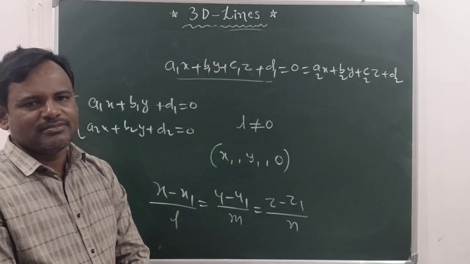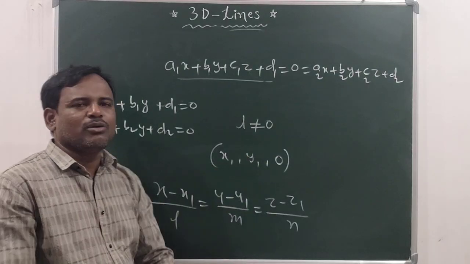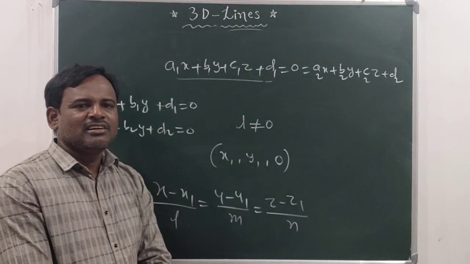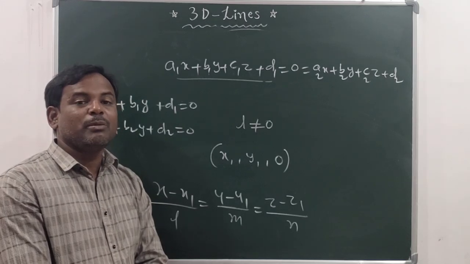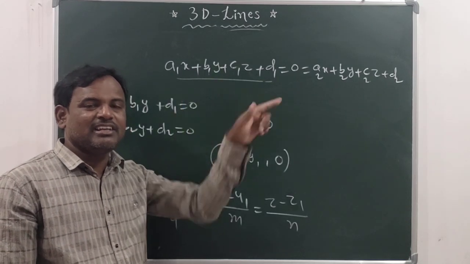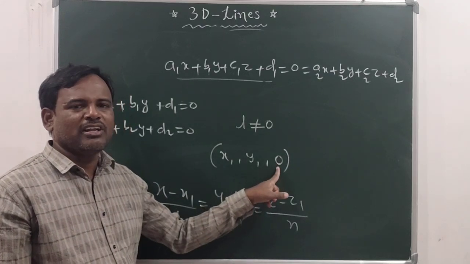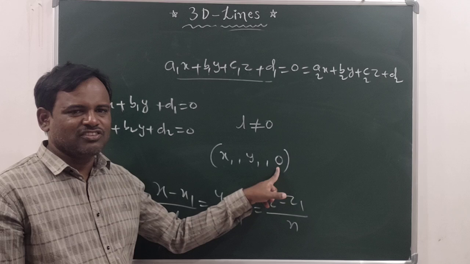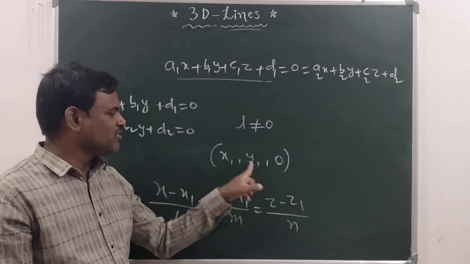I kept it aside, and I assumed L is not equal to 0, which means that line will never be parallel to xy plane. Never being parallel to xy plane means that the line compulsorily in 3D intersects xy plane somewhere. So I took a point of intersection of that line with xy plane. So on the xy plane z value is 0. I got x1 y1.